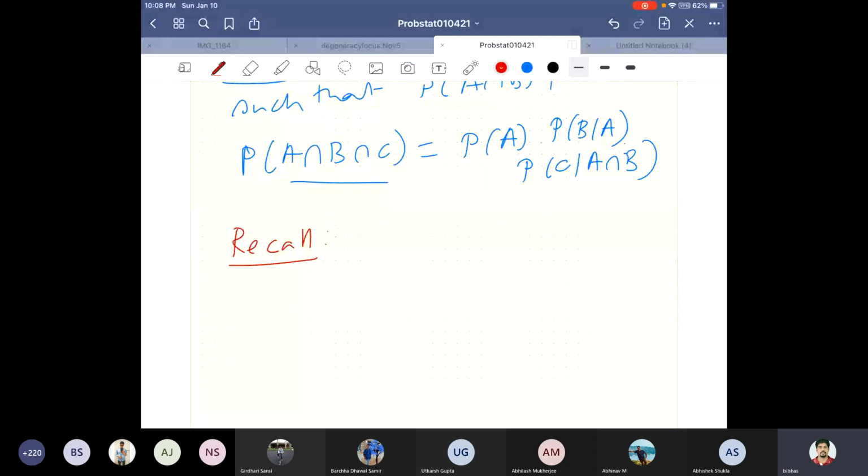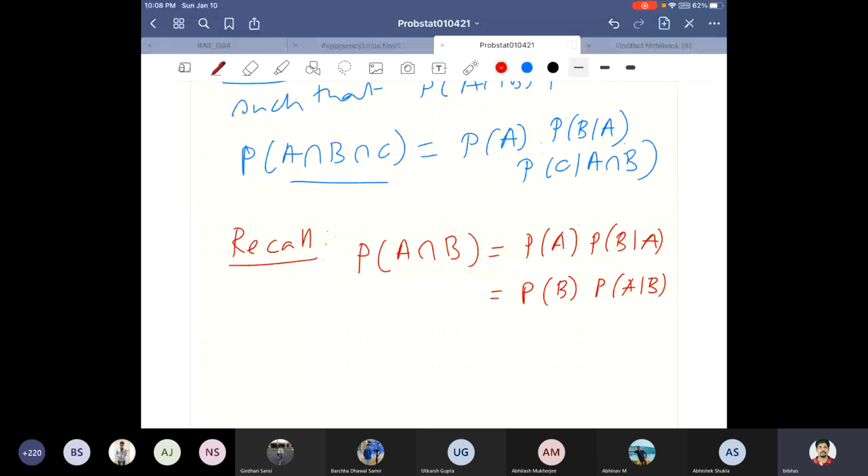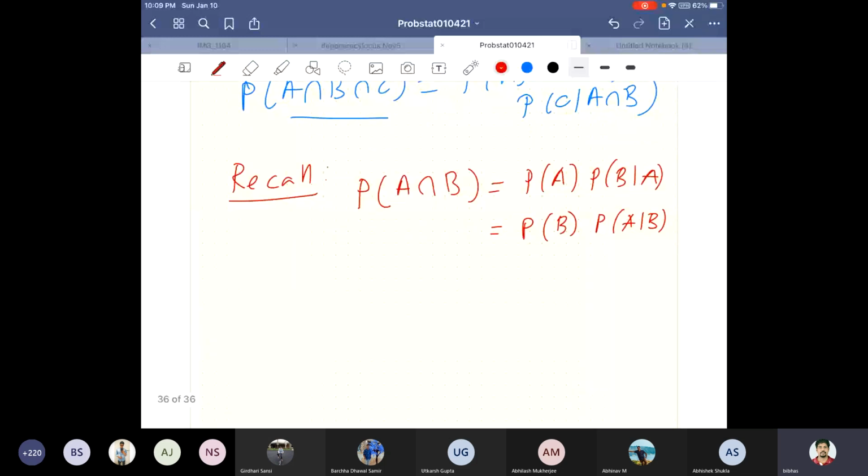So recall that probability of B given A was equal to, let me write it this way instead of division: probability of A and B is equal to probability of A times probability of B given A, or you can also say probability of B times probability of A given B. Now I say this is my new definition.